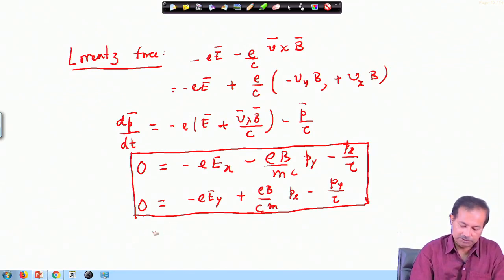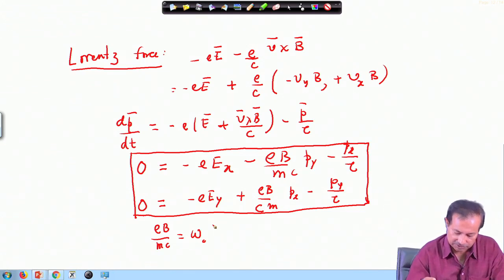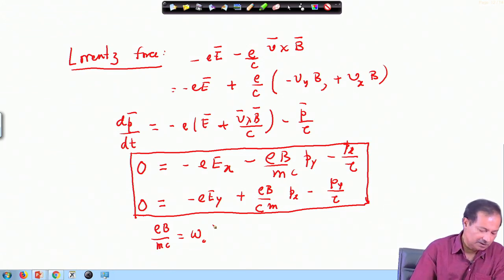Okay. So, let us define. This definition is a very standard definition, this you will encounter later also. So, this eB by mc is usually written as omega_c. We will come back to it when we do electrons in a transverse magnetic field again.